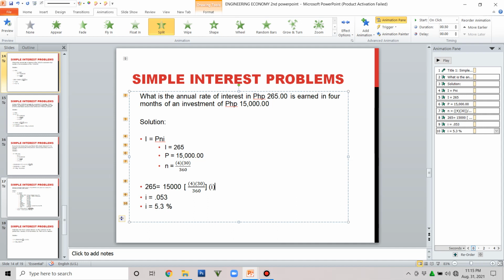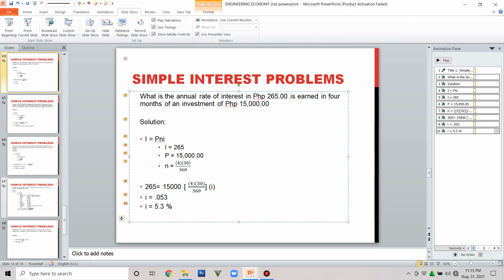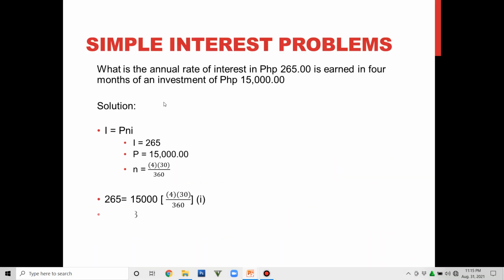So that will be our divisor for 265. So we'll come up with 5.3%. Okay, so that will be 5.3%. Okay, so let's go back to our slideshow. So that would yield to 5.3%, solving for I.